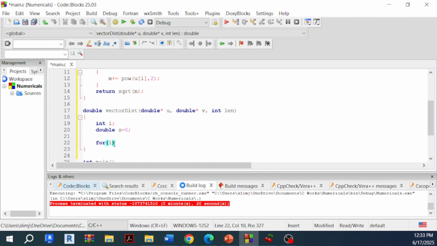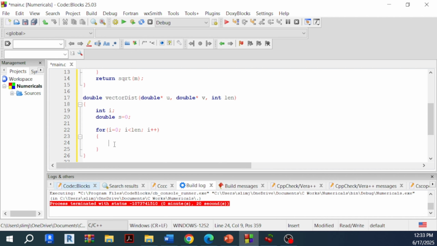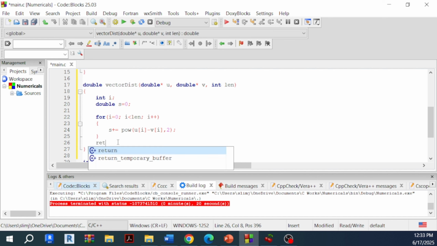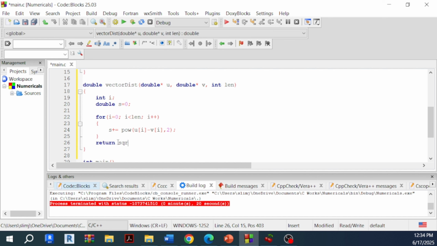For i equals 0, i less than len, i plus plus, s plus equal the power of u[i] minus v[i], to the power of 2. Return the square root of s.